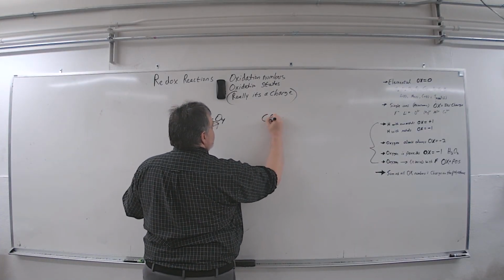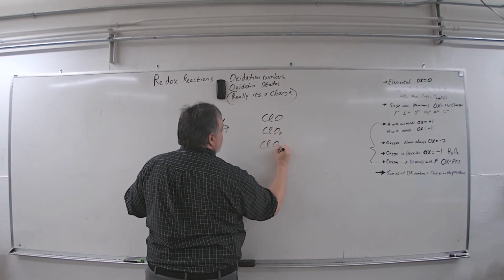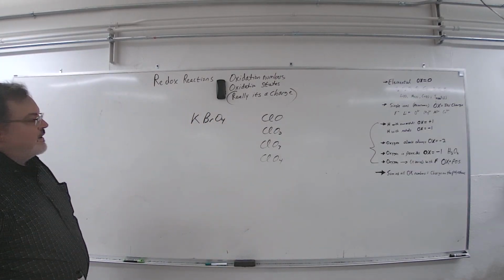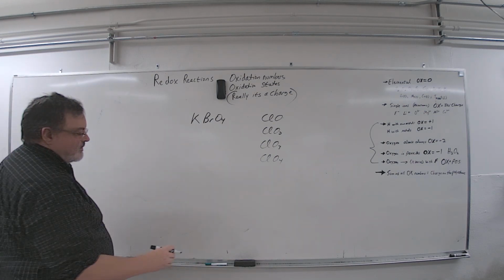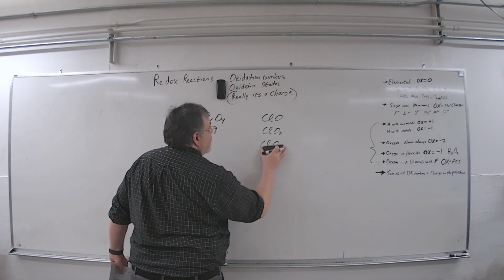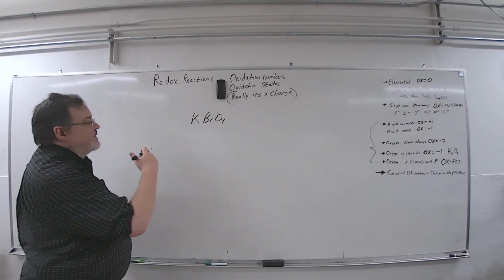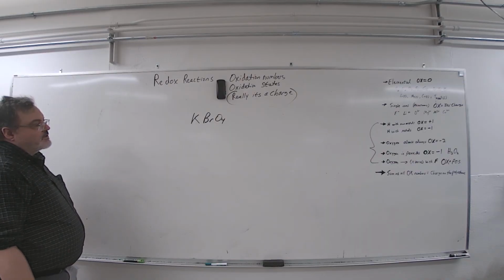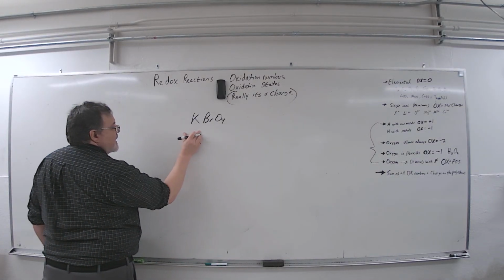It probably had ClO, ClO2, ClO3, ClO4. Hypobromate. Anyway, we won't go back to naming. But if you just replace the Cl with Br, it's this. But what if I said, what's the oxidation number on all of these that are there? The first thing you want to do is recognize that as one of the polyatomics and pop the K off.